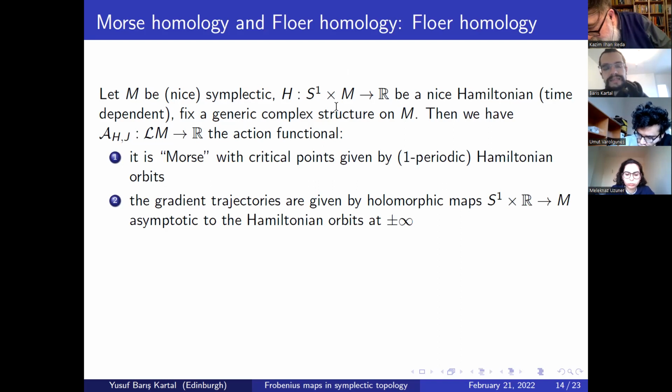You can think of M as a Kähler manifold, with a symplectic structure and a complex structure. The gradient trajectories of the action functional are given by holomorphic maps that are asymptotic to Hamiltonian orbits at plus and minus infinity.